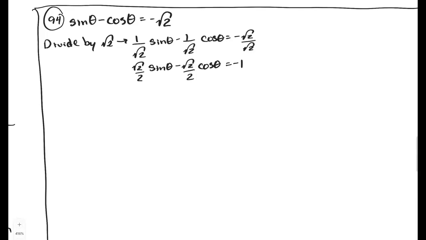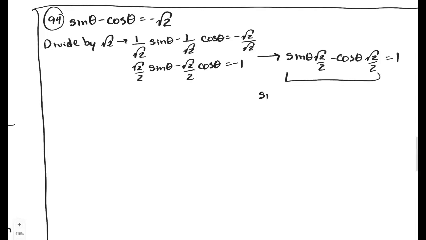So if we're thinking about what we're comparing to here, I'm going to rewrite this as sine of theta times square root of 2 over 2 minus cosine of theta times square root of 2 over 2. That's equal to 1. I'm comparing this.